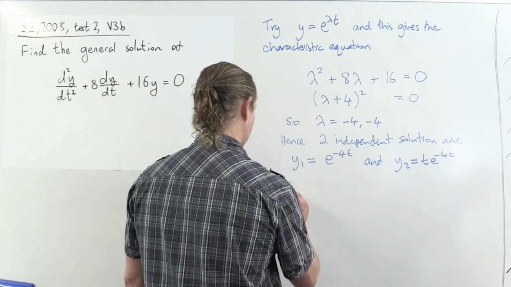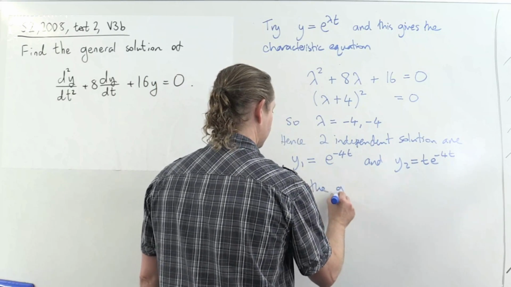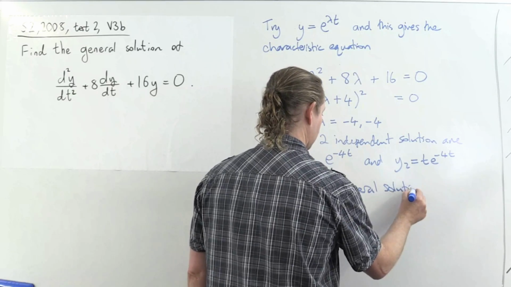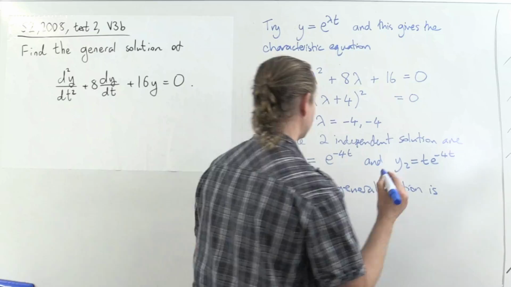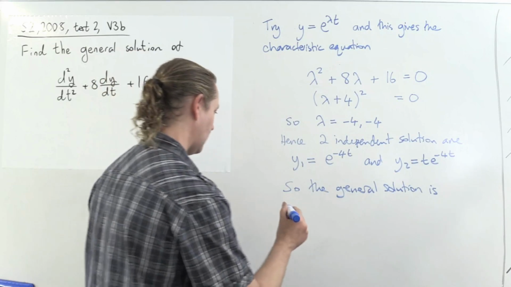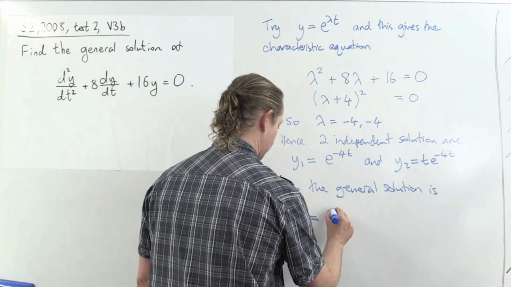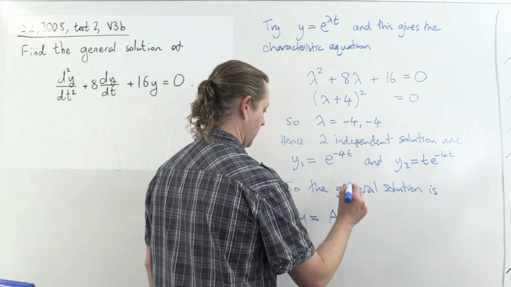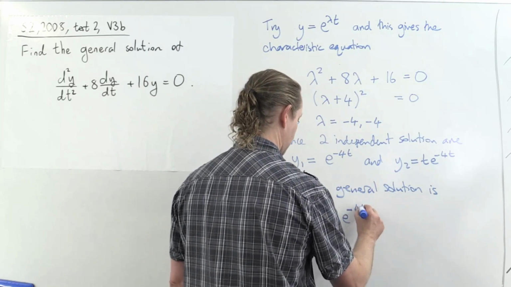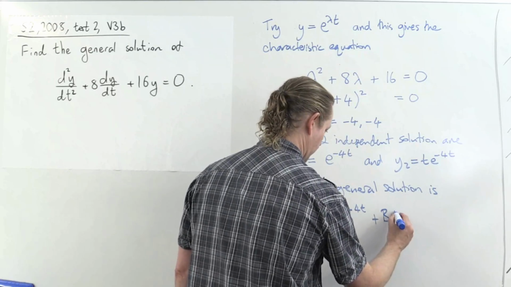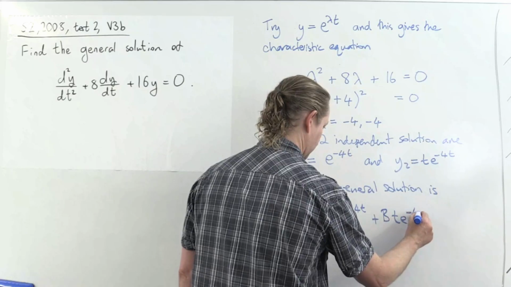Okay, so the general solution is y equals some constant, let's call it capital A, times e to the minus 4t, plus some other constant, maybe B, t e to the minus 4t.